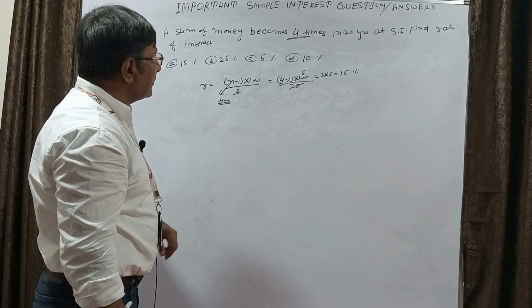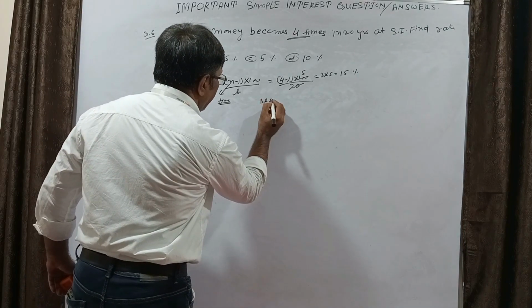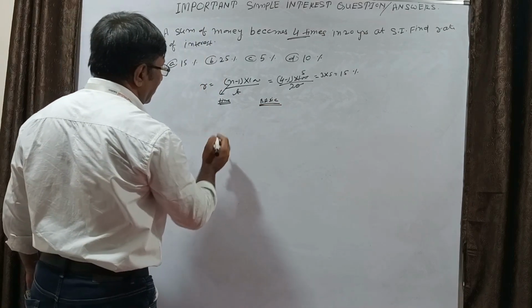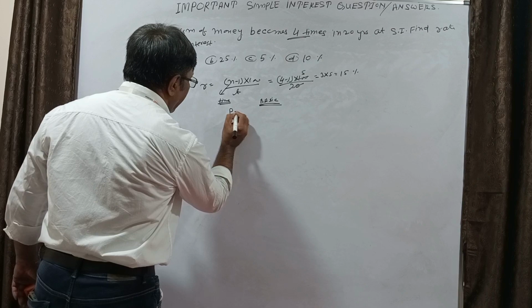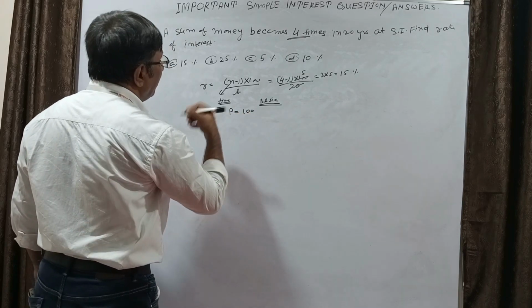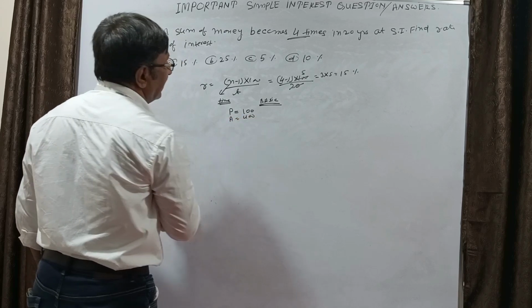You can solve this question by the basic method also. See how. Suppose the sum of money is not given. Suppose the principal is 100. It becomes 4 times, so the amount will be 4 times, that is 400.